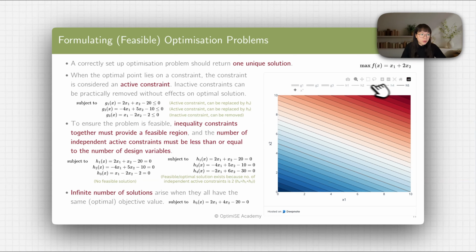And similarly for h5, if you have a constraint that lies on the contour line, then obviously it won't give you any meaningful result because all of the points have the same objective value. So you can't really judge which one is worse or which one is better. And this is a very important area in optimization problems because only by setting up your optimization problem correctly will you be able to end up with effectively one unique solution that makes sense, that is meaningful.